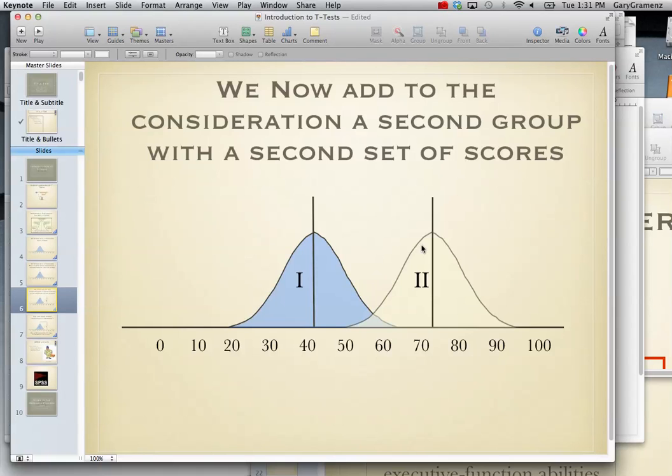Let's say this person was in group 2 and they scored a 57, and somebody in the other group scored 57. So all that would mean is that this person, according to this group's standards, was below average, and the person who scored a 57 in group 1 would have been above average. So that difference is important to us when we're doing certain kinds of analyses.